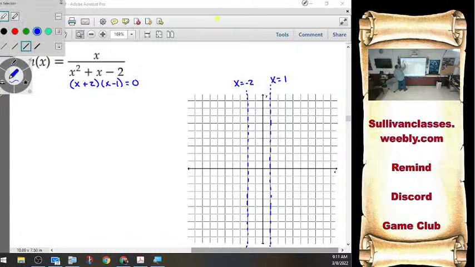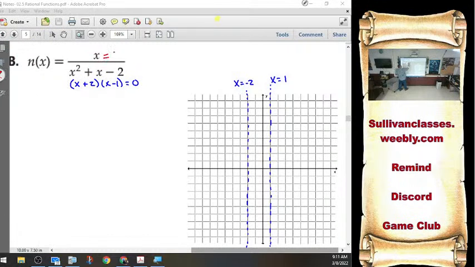Set my numerator equal to 0 to get my x-intercepts. Plug in f of 0. If I plug in 0, I get 0, which should make sense.